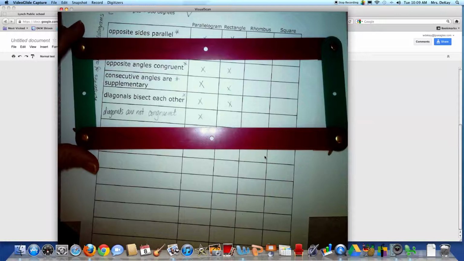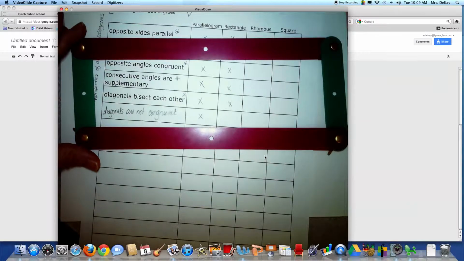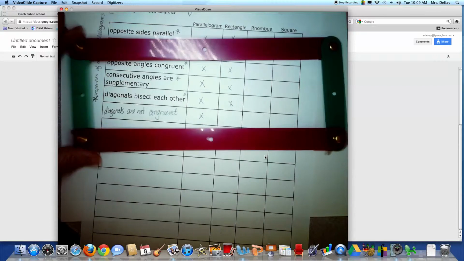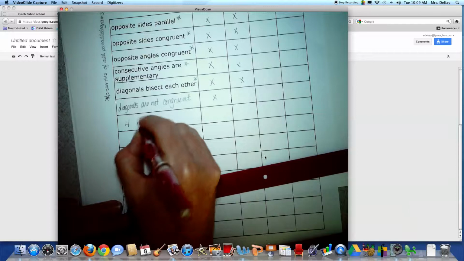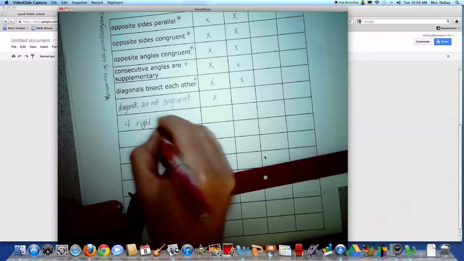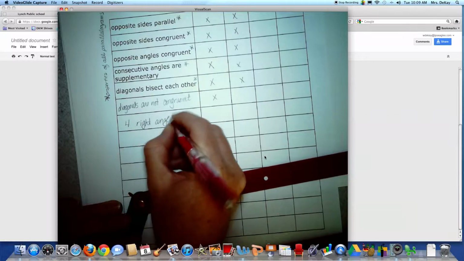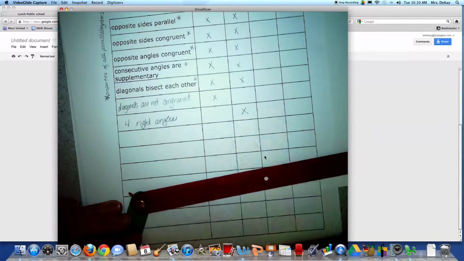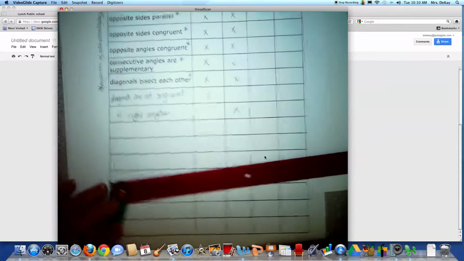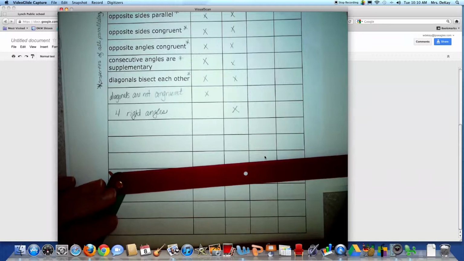All the angles are the same, and not only that, but all the angles measure what? Okay, so I'm going to write that down here. It has 4 right angles. And I'm going to put a check right there, because in a rectangle, I have 4 right angles.